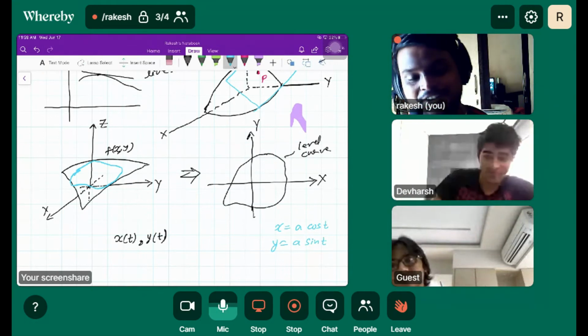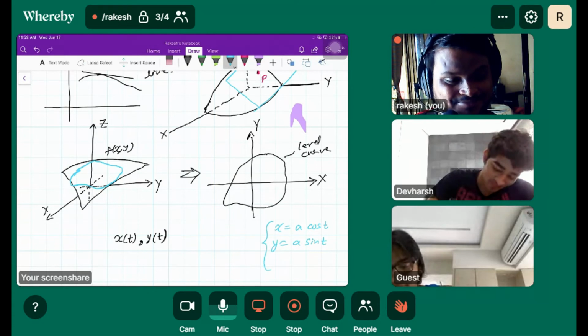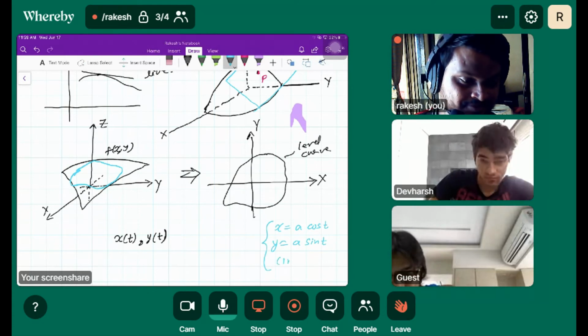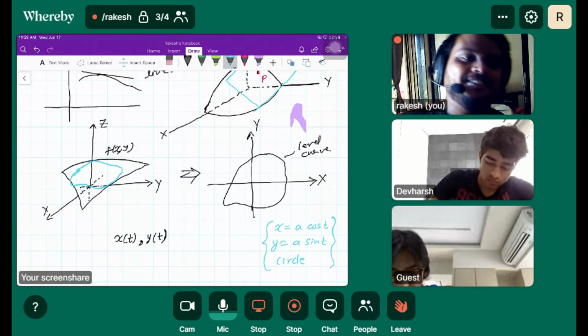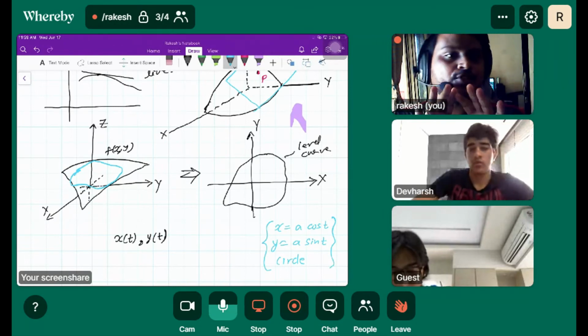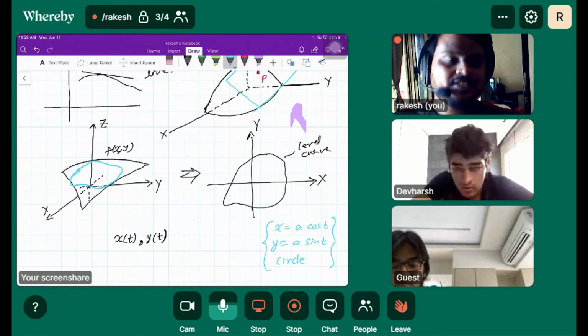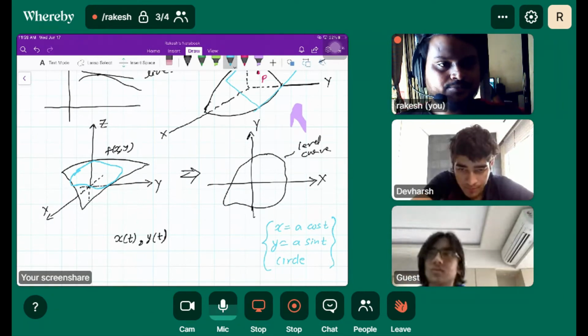So this is the parametric form of the circle where a is radius. Is that clear now? So we can represent any level curve in terms of parametric form. That is basically the function in terms of t, the third variable.